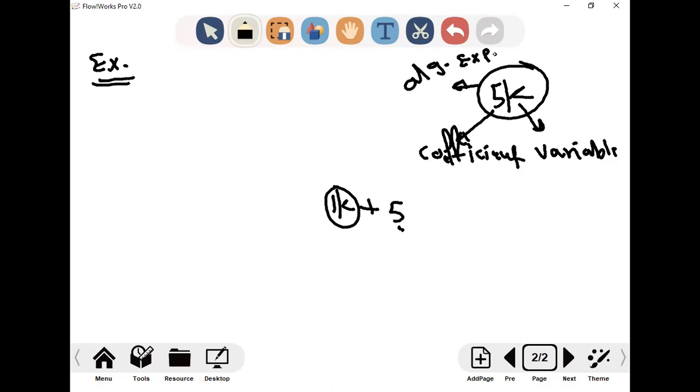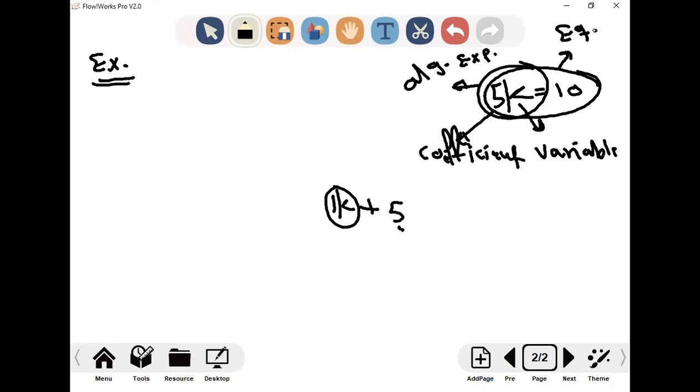If this 5K equals another number, like 5K equals 10, all together now, what we call it? Equation. So if you have an expression equal to a number, we call it an equation.